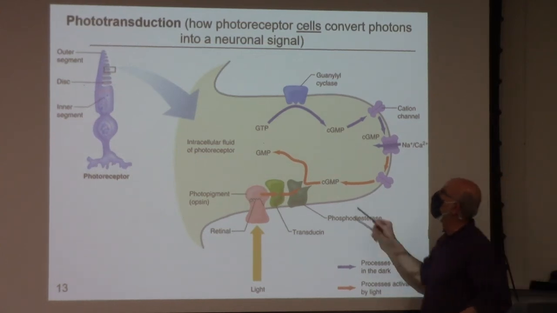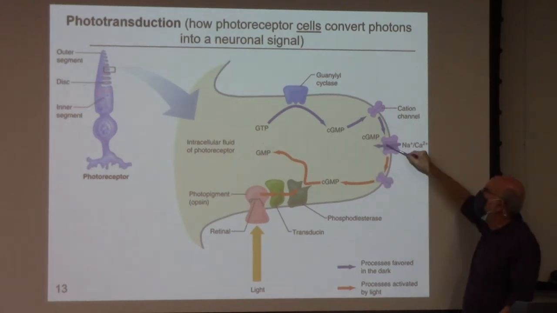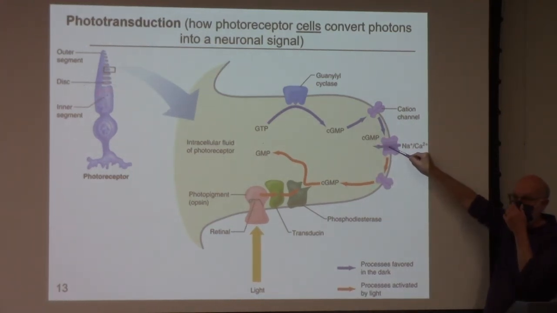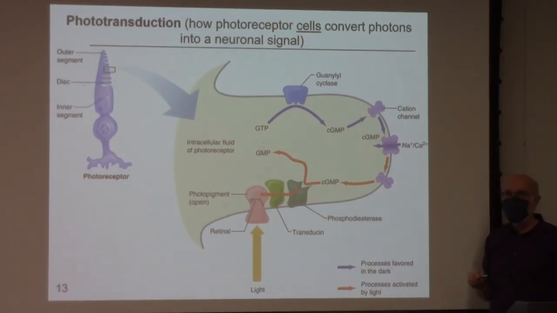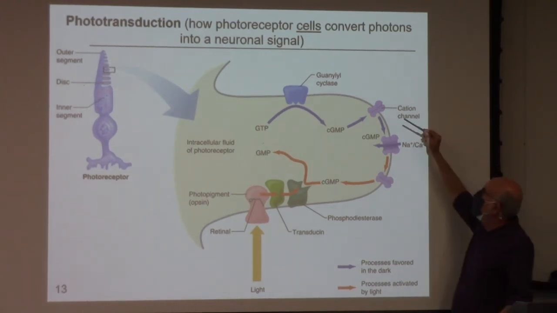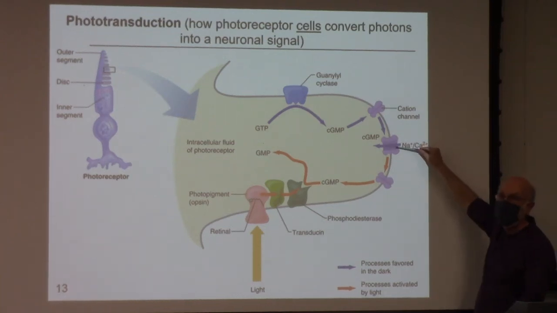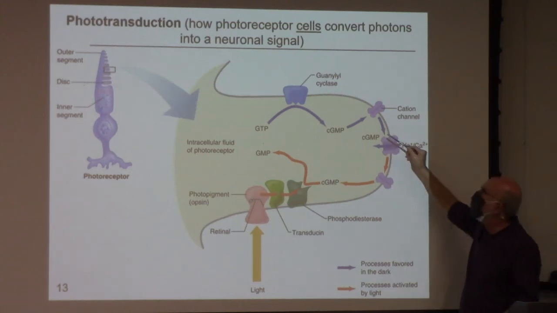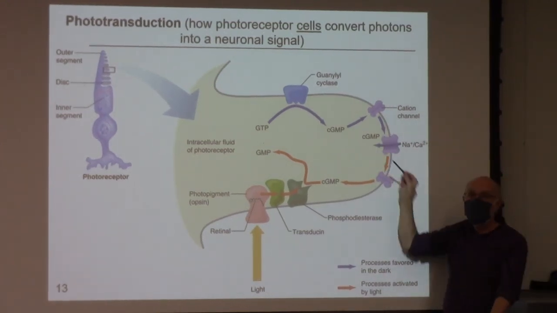In the dark, the production of cyclic GMP opens a cyclic nucleotide-gated ion channel that is selective for sodium and calcium. In the dark, there is a high permeability of these channels because they're open by the high amount of cyclic GMP, and there's high sodium influx.